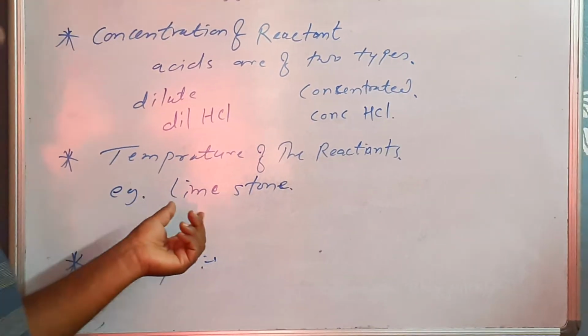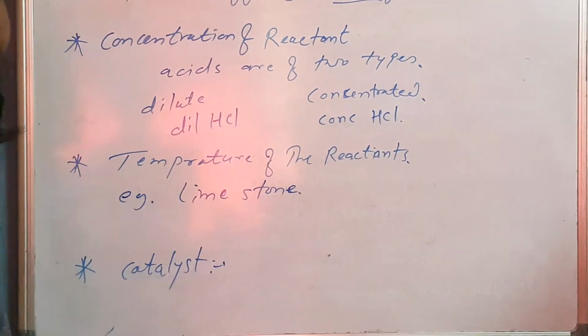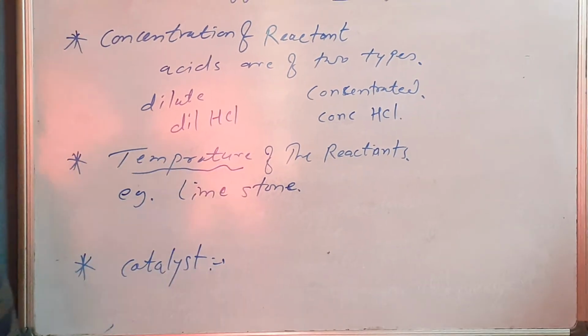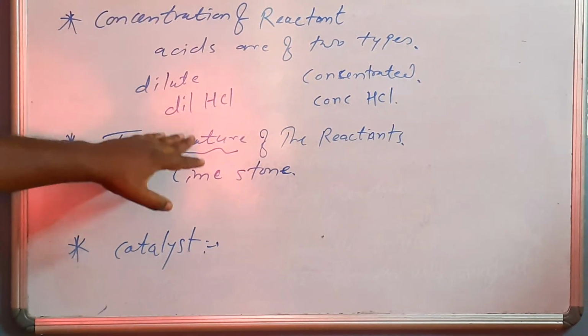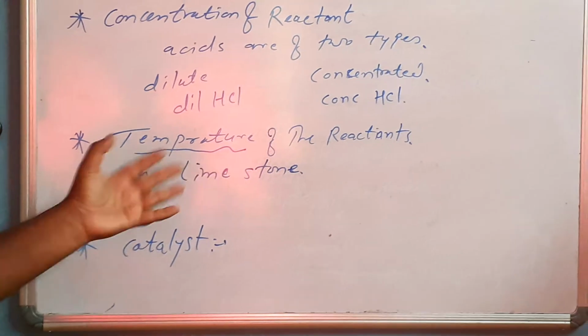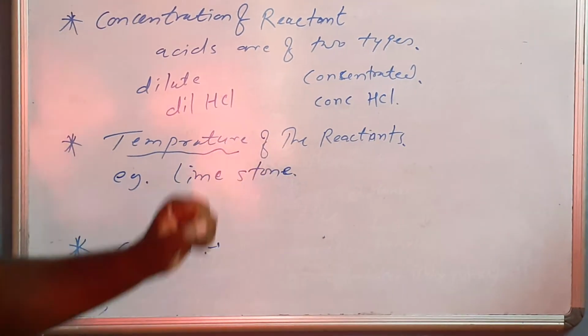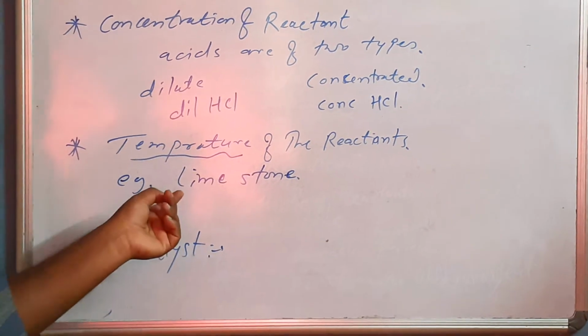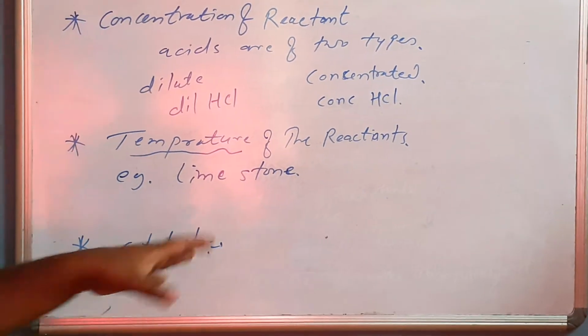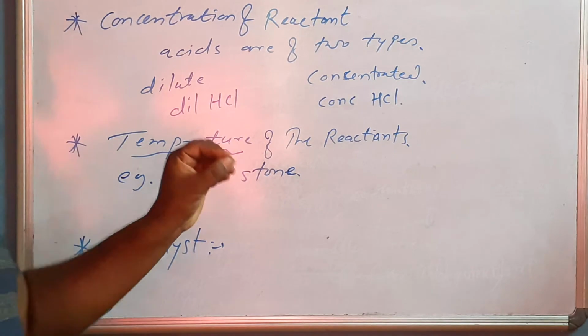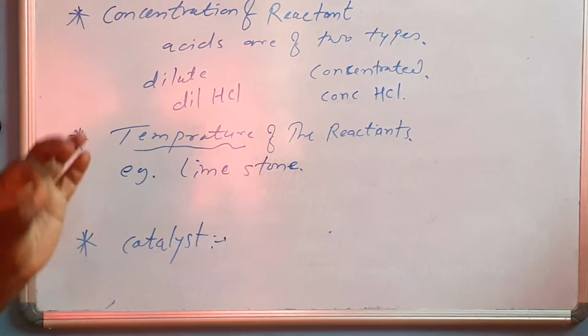Milky means white color. So temperature is one of the most important factors which affect the reaction. When we heat the limestone, the lime water will turn milky white quickly. If we don't heat it, the rate of reaction is 0, and lime water does not turn milky.